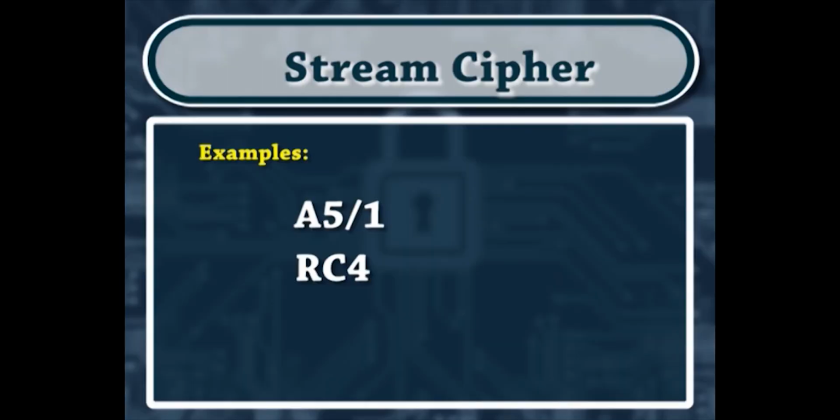So, we have traded probable security for practicality. Examples of stream ciphers are A5/1 and RC4.